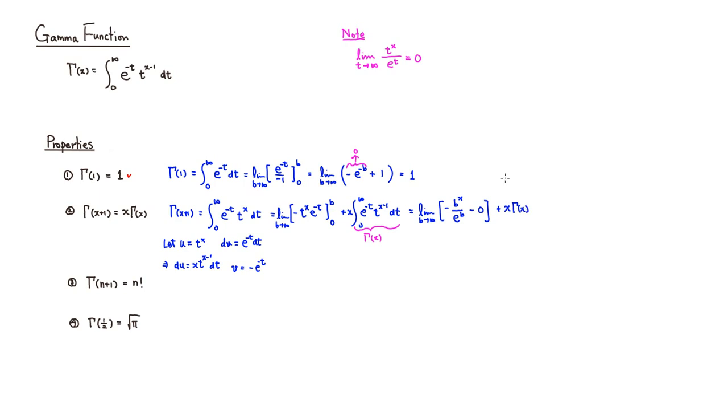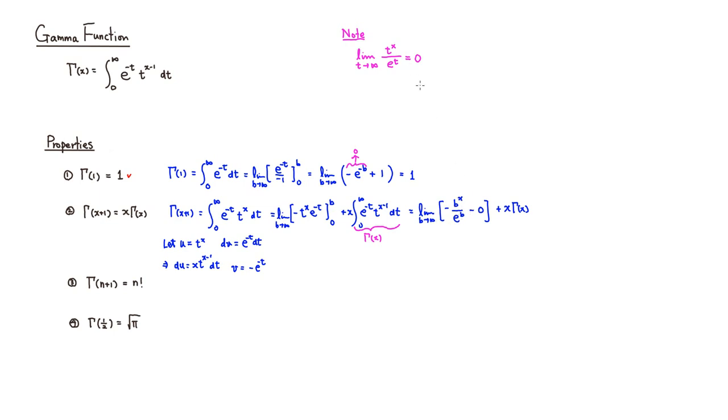As b approaches infinity, b to the x over e to the b is going to approach 0. If you take the derivative repeatedly, say x is equal to 2 or something like that, if you take the derivative twice, you get a constant value.